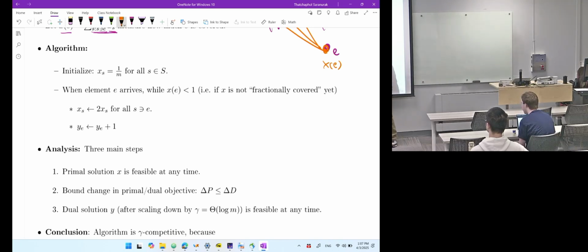Because the cost of your primal is at most the cost of dual at every day, and if the dual is feasible, it means your primal cost is at most dual cost, and you're done. You are optimal. But the third case actually says that the dual is not quite feasible, but it's close to feasible up to some factor.